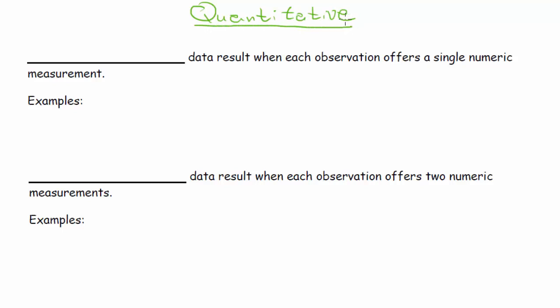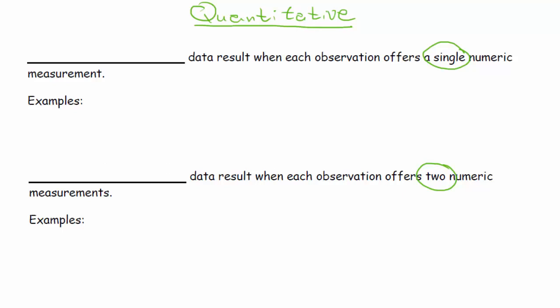So just as before, I know that I have a number here. Well, there's more than two, but we're going to look at two kinds: one where I have a single numeric measurement, and one where I have two numeric measurements.